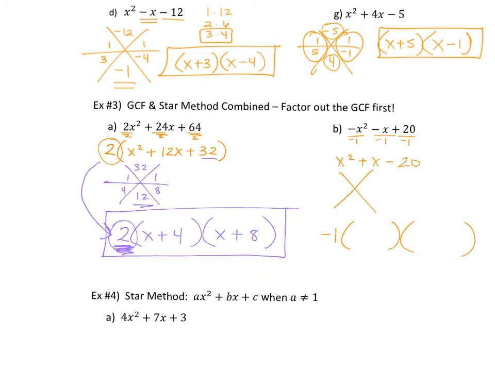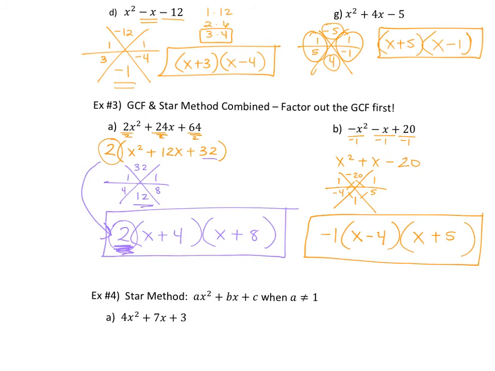If I do the star method there, what can you multiply to get negative 20 that you can add to get 1? And our a term is still 1. So that would be a negative 4 and a positive 5. They multiply to get negative 20. They add to get 1. So this would be x minus 4, and this would be x plus 5.